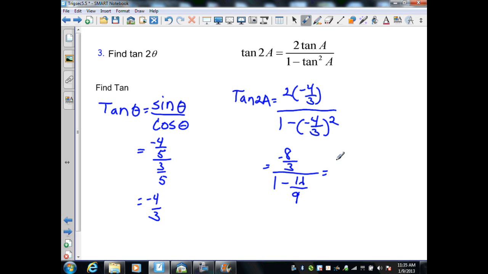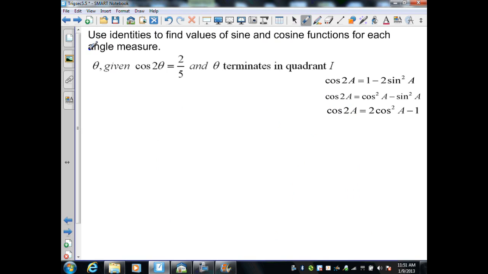I simplify again, negative 8/3 over 1 minus 16/9. That gives me 9/9 on the bottom, which is going to give me a negative 7/9. And when I invert and multiply, that's going to give me a positive 24 over 7 for the tangent of 2a. Let's continue with our next example.